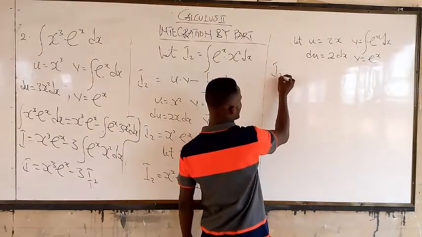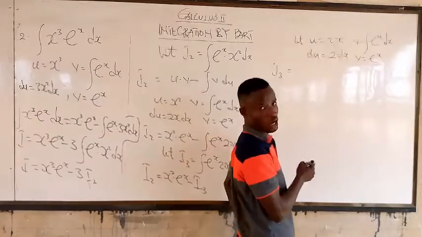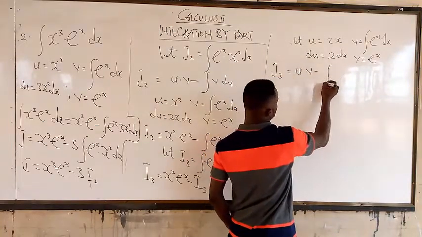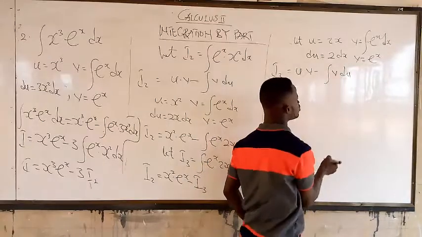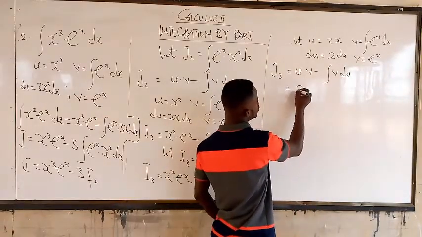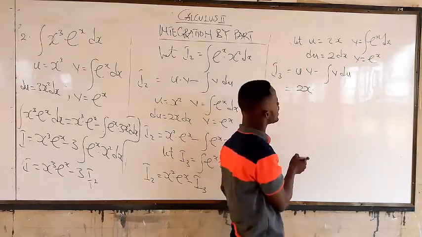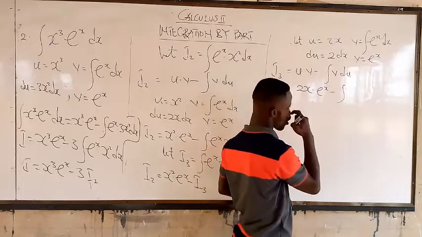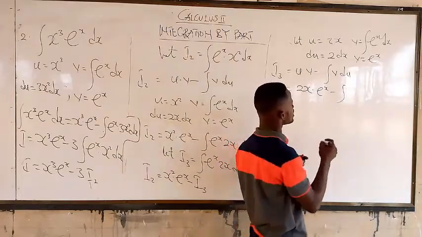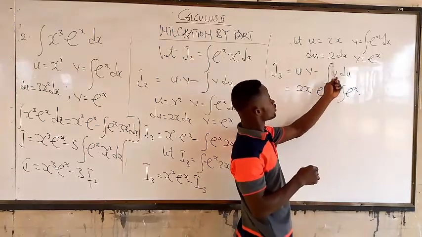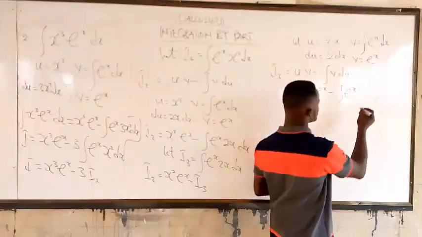So I3 is now going to be equal to, hope you are following, uv minus the integral of v du. Know the formula. So here u is what? 2s times v, e raised to power s, minus the integral of v, which is e raised to power s, times du, and du is 2 ds.